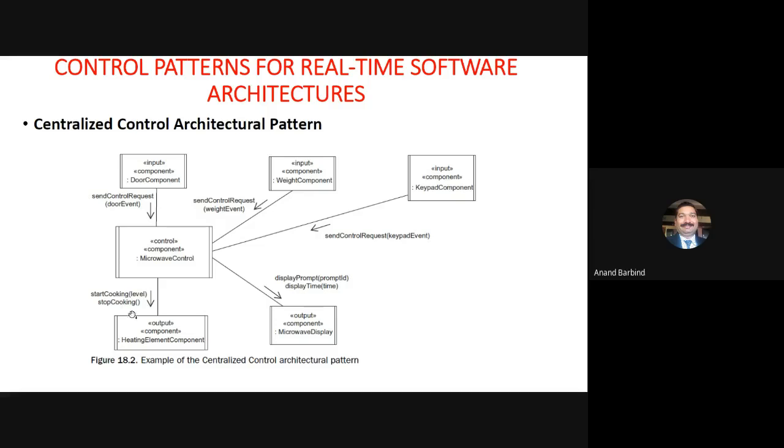The label is also mentioned, and it may give another message, that is, stop cooking after a certain period of time. So like this, the messages are being sent by the control component to this output component. The other output component is the microwave display.